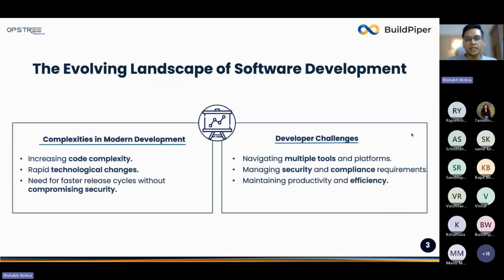Now, let's first discuss the evolving landscape of software development, where we are noticing, as devs, as QAs, and even as DevOps, that the complexity of the code base is increasing on a daily basis because of the involvement of multiple new tools to do different kinds of things.